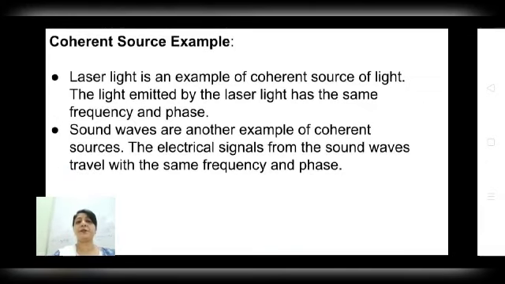An example of a coherent source is the laser. As we all know, laser light is a highly coherent source as it functions on the phenomenon of stimulated emission of radiation.